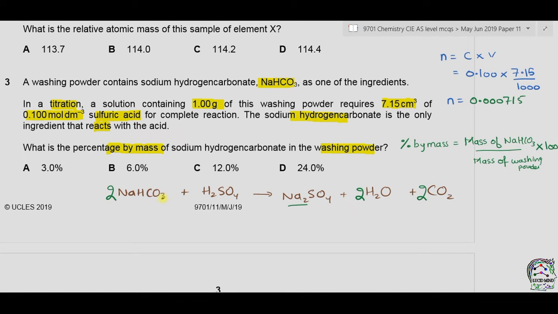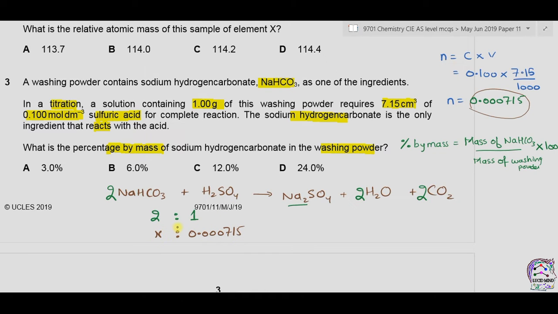So now according to this balanced chemical equation, we have 2 moles of NaHCO3 that reacts completely with 1 mole of sulfuric acid. Now the number of moles of sulfuric acid obtained in titration is 0.000715. So we can write 0.000715 for sulfuric acid.